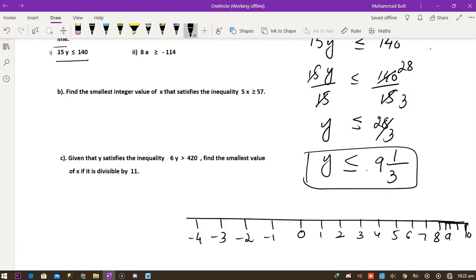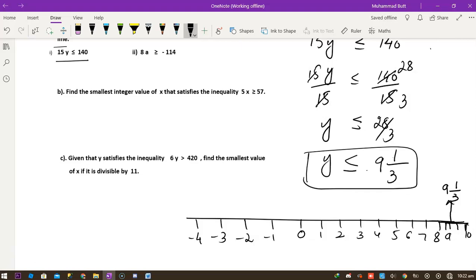So this is 9 whole 1 by 3. Y is less than or equals to 9 whole 1 by 3.